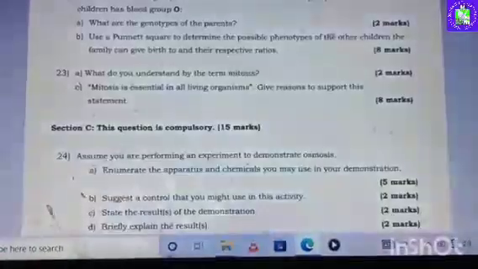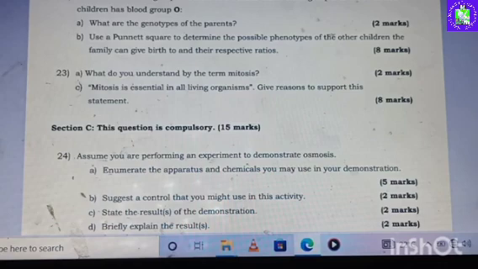The reason why is that in the beaker we have a low amount of solute compared to the Irish potato. Meaning the water will move from the beaker, which contains a low amount of solute, to the Irish potato, which contains a high amount of solute.